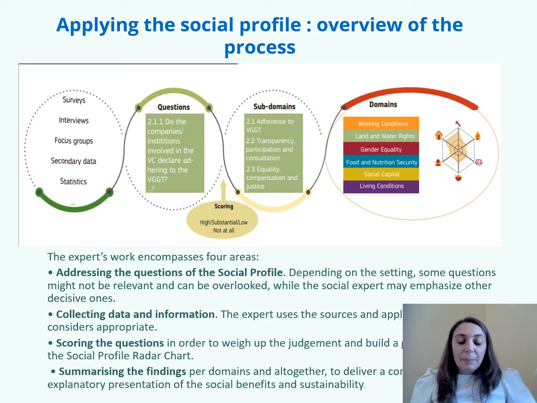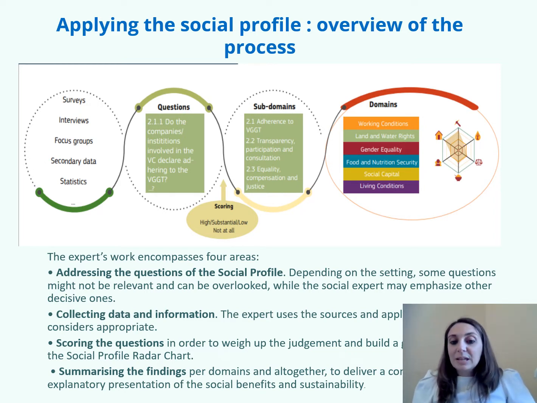The second step is to collect data and information. And here VCA4D is not prescriptive, so it is the job of the social expert to see which are the sources and the methods that you consider more appropriate, considering the country and the value chain, to collect the wanted information.